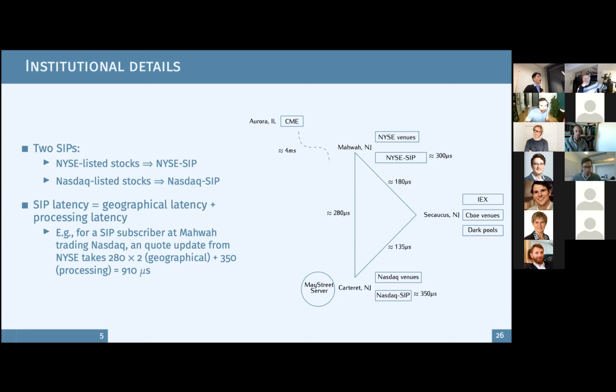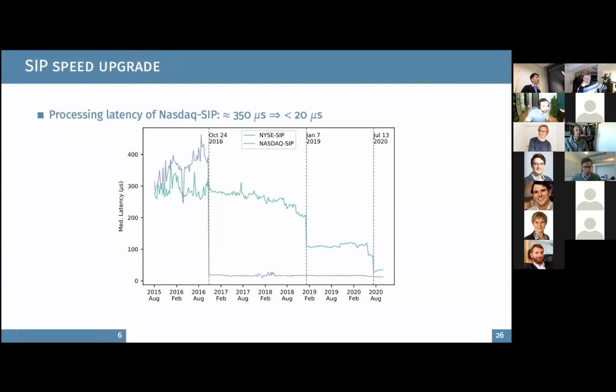I spent time on the geographic latencies because I want to show how the speed upgrade in the NASDAQ SIP affects the trading. So here is some data on the speed upgrade. Here I plot the processing latency of the NASDAQ SIP and also the NYSE SIP in the past decade.